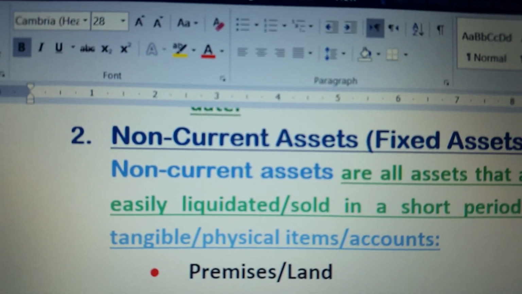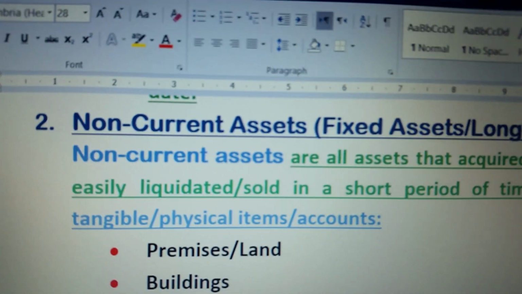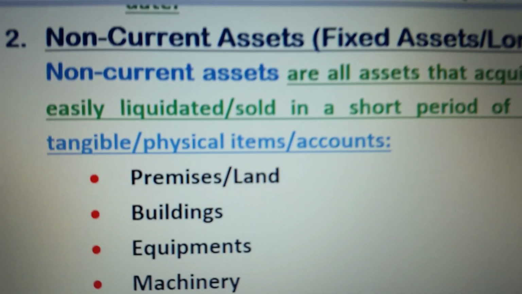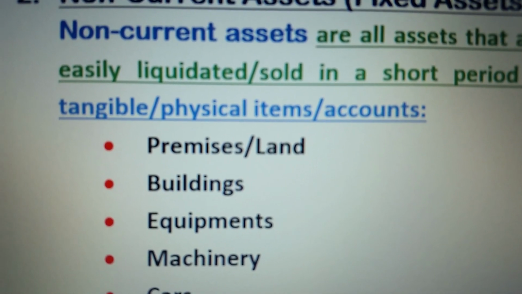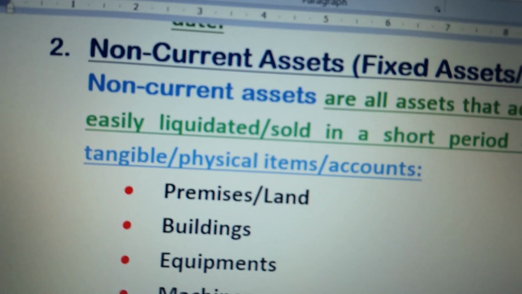Non-current assets can be divided into two subgroups. The first one is called tangible or physical items, such as premises.